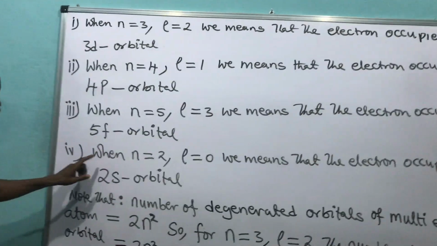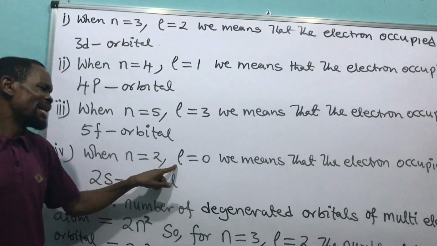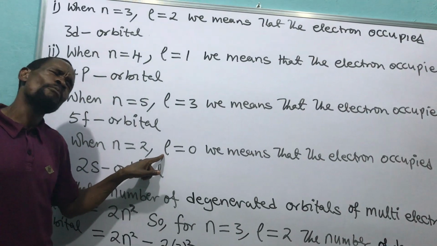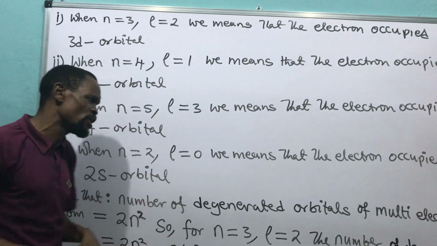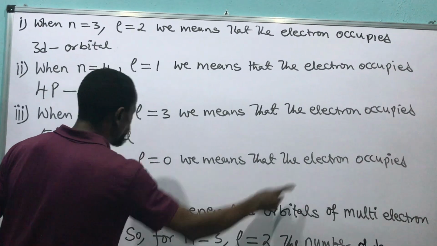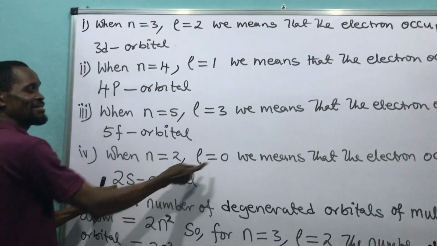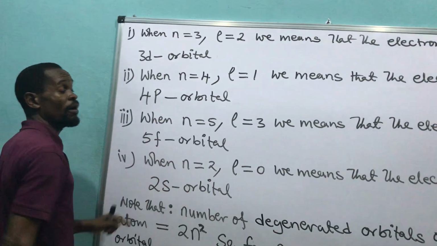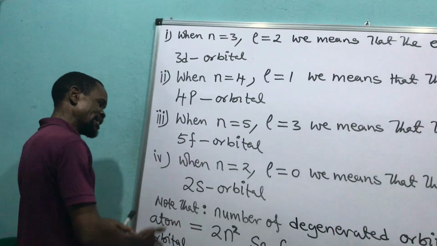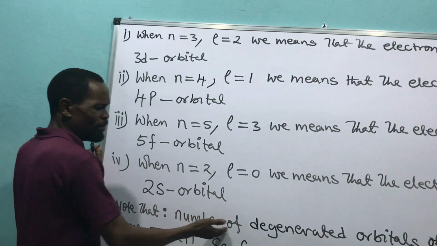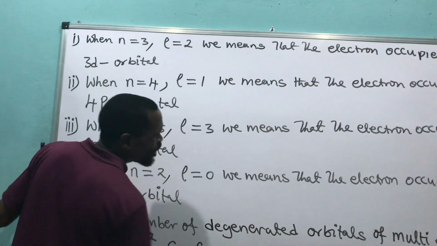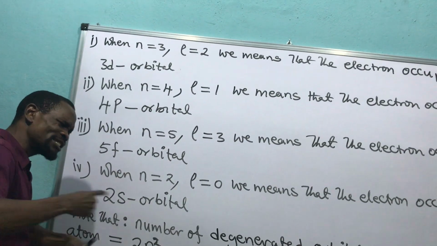Then when n is equal to 2 and L, the angular momentum quantum number, is equal to 0, it means that the electron occupies 2s orbital.